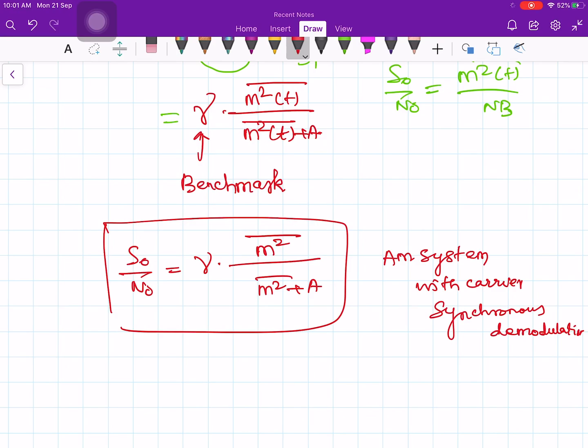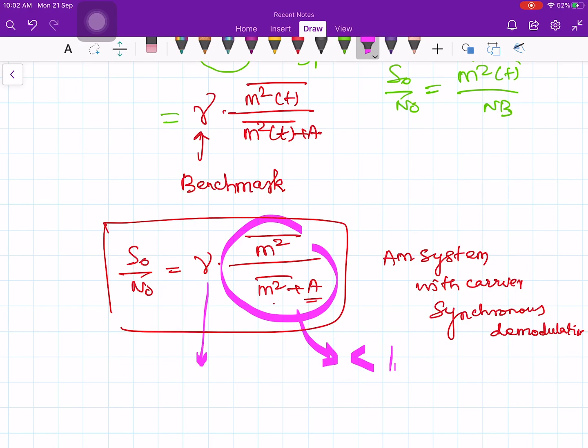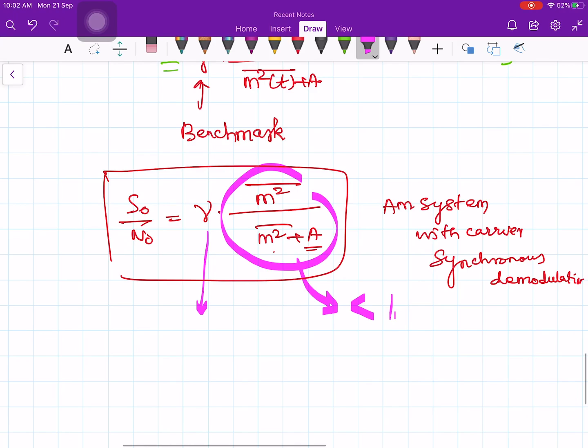Why? Because this m square plus A is the amplitude. So anyway, this whole thing will be less than 1. m square by m square plus A becomes less than 1. Therefore, your gamma is less than your baseband communication system. Therefore, the output SNR of your AM system is smaller than the output SNR of your baseband communication system.